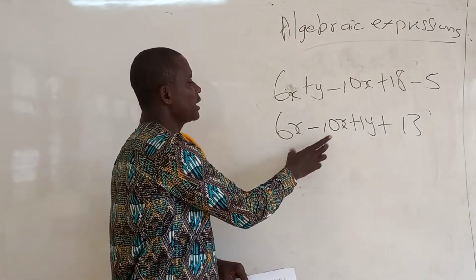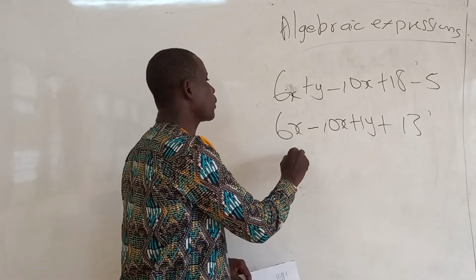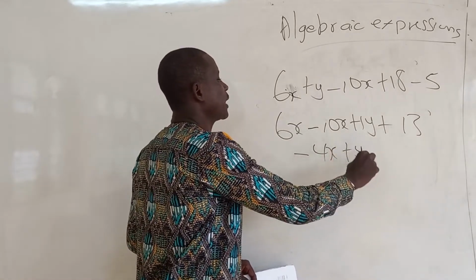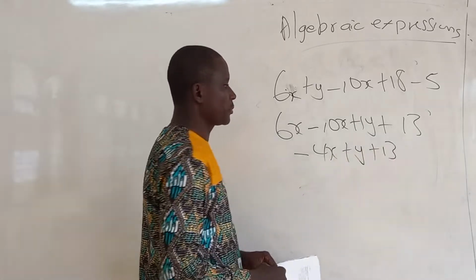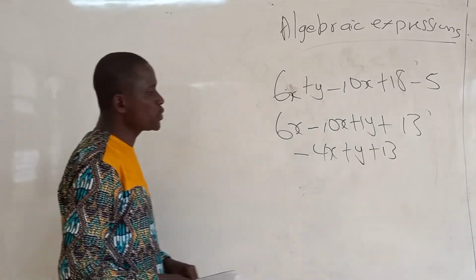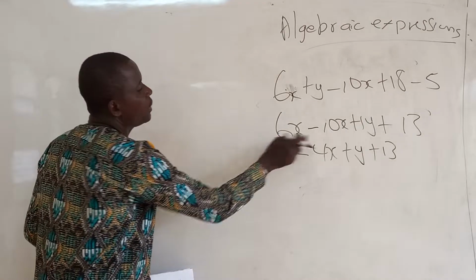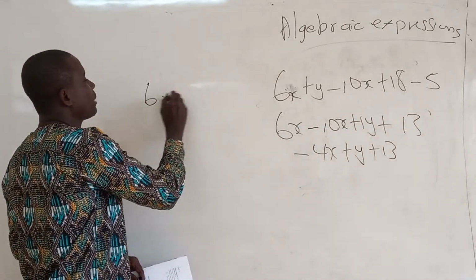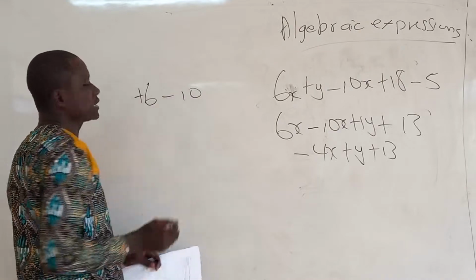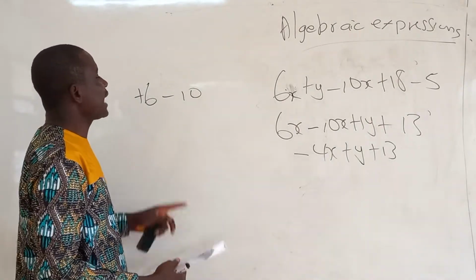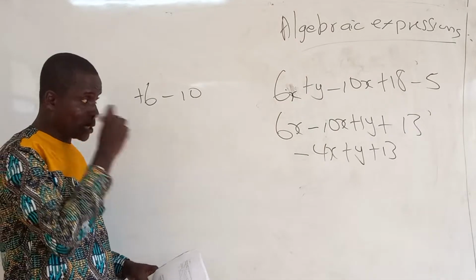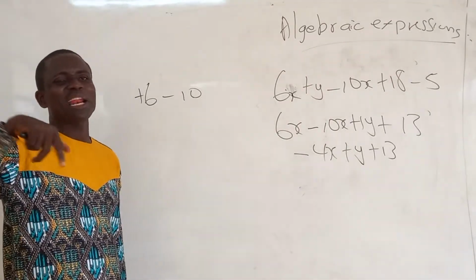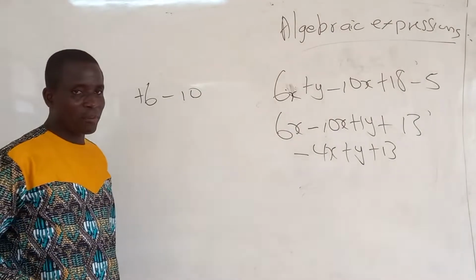So how do we get it? We are going to have negative 4x plus y plus 13. Now, are you confused about this? Here we are focusing on the coefficients. If I have 6 minus 10, remember this 6 is positive. Anytime you have positive and negative, you subtract the smaller number from the greater number.